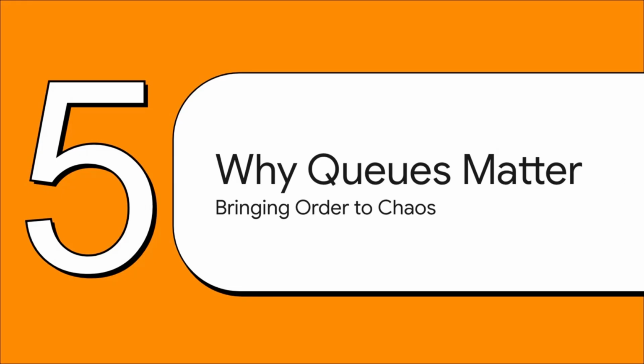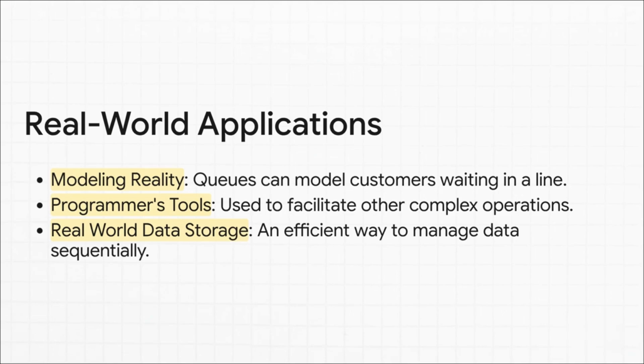Okay, so we've totally geeked out on how they work, but let's take a step back for a second. Why does any of this matter? Well, because queues are really the unsung heroes of computing. They're silently managing everything behind the scenes, bringing a sense of order and fairness to otherwise chaotic systems. I mean, they're everywhere.